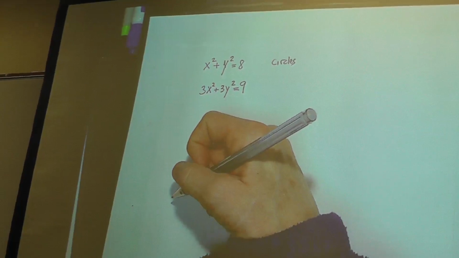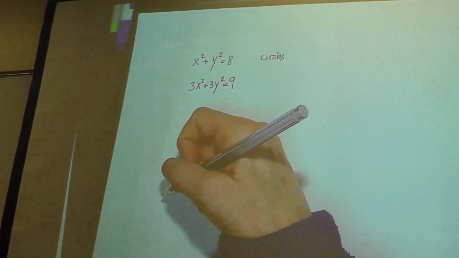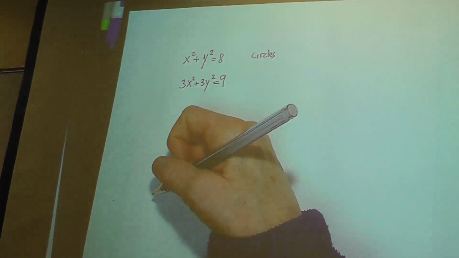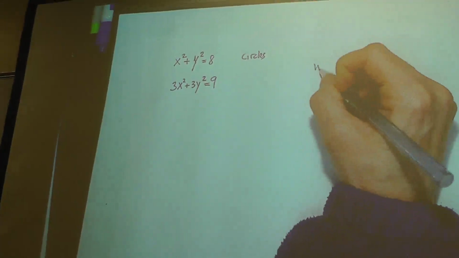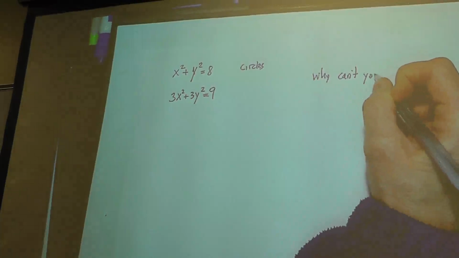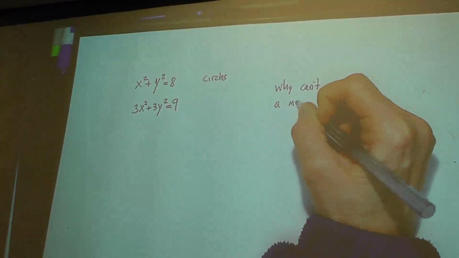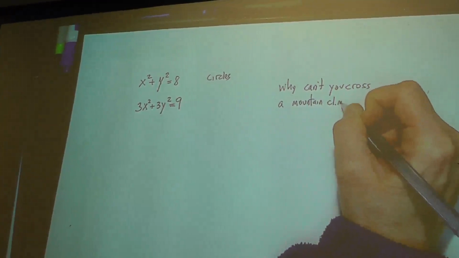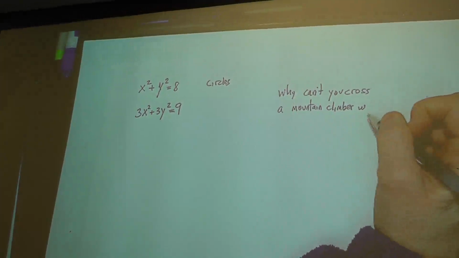Exactly how this stupid math joke goes, because I meant to do it last time. Okay, I think it goes something like this. Why can't you cross a mountain climber with, how does this go?